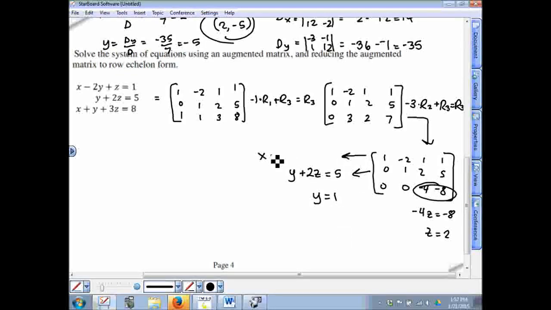This top row represents the equation x minus 2y plus z equals 1. Now y is 1, so this makes negative 2. z is 2. Negative 2 plus 2 is 0, so x is equal to 1. So we get the solution 1, comma 1, comma 2.